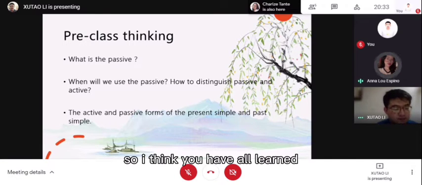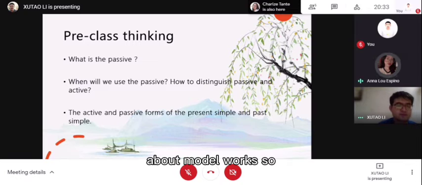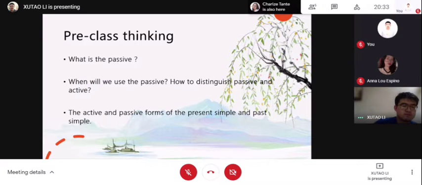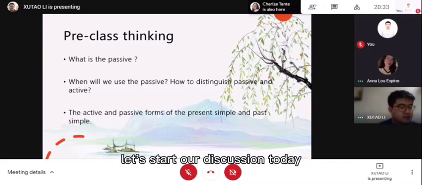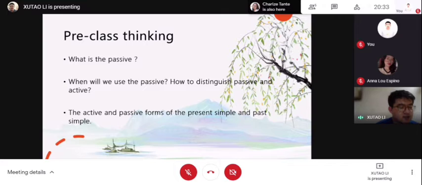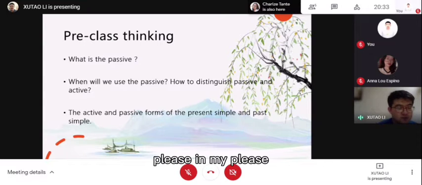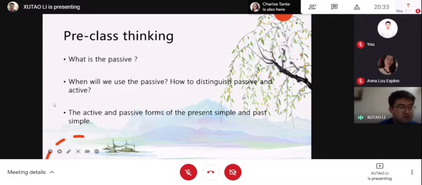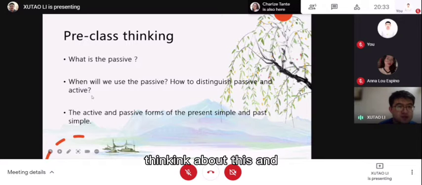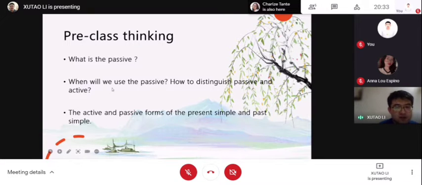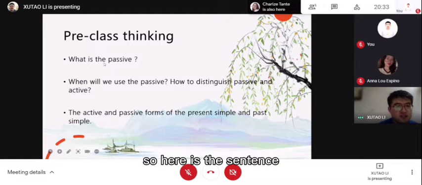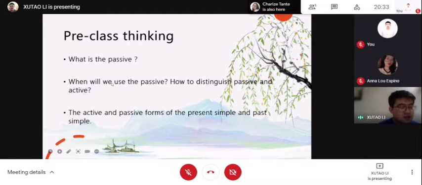So I think you have all learned about modal verbs. So let's start our discussion today. And here are three questions. Please keep them in mind and think about this. Here is a sentence.